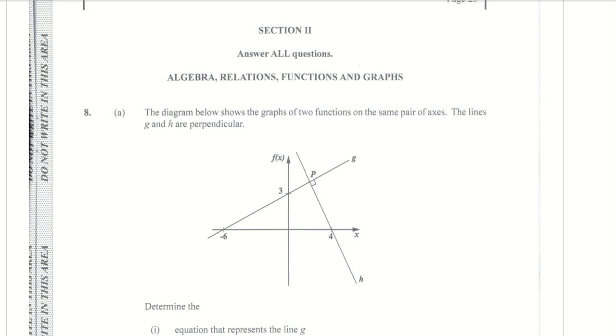So when they say G and H are perpendicular, the gradient of G multiplied by the gradient of H is equal to -1. That's what you get from this statement.